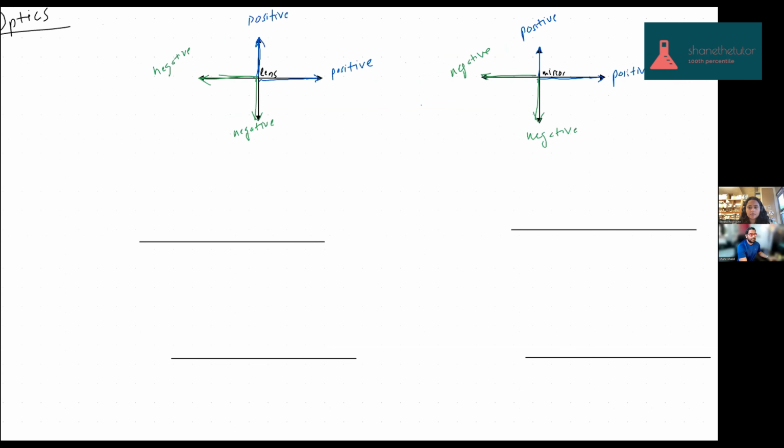Like that. So for the lenses, from what I drew, which one is the convex shape and which is the concave shape?